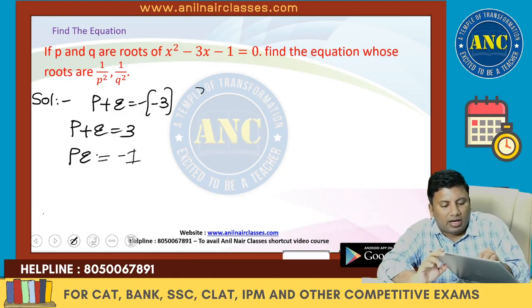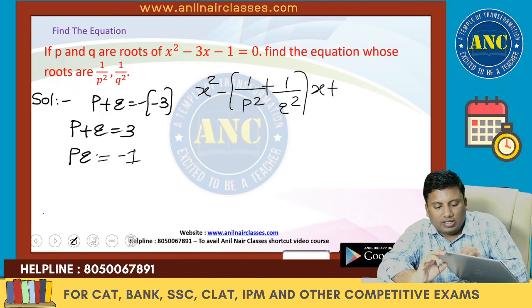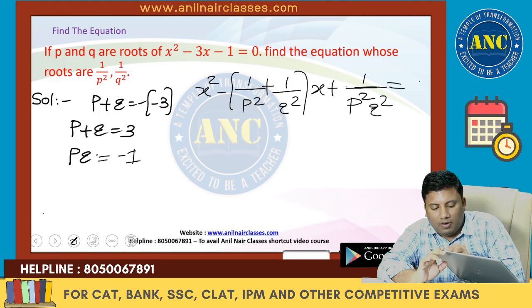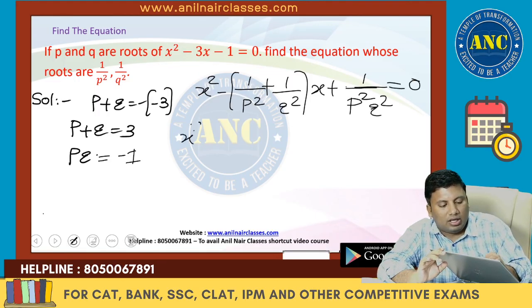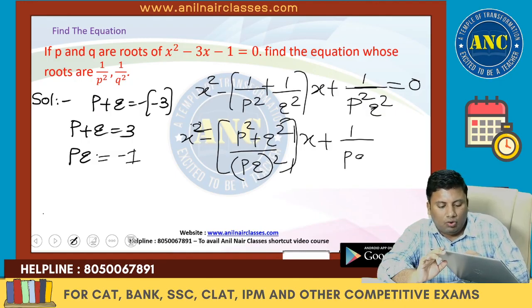Now we require the equation x square minus of, now the roots are 1 by p square and 1 by q square, into x plus 1 by p square q square equivalent to 0. This is nothing but x square minus of (p square plus q square) by (pq) whole square into x plus 1 by (pq) whole square equivalent to 0.